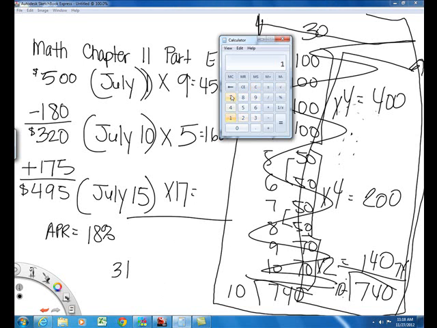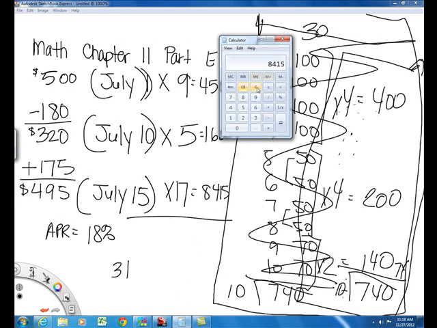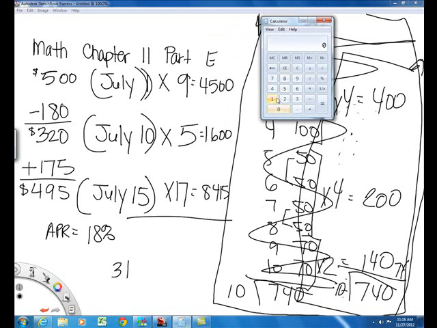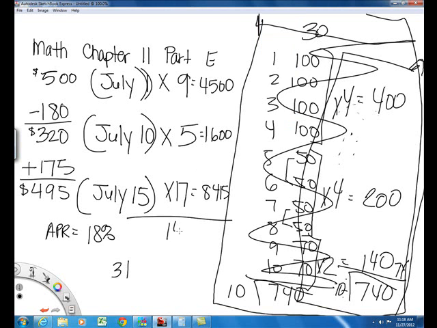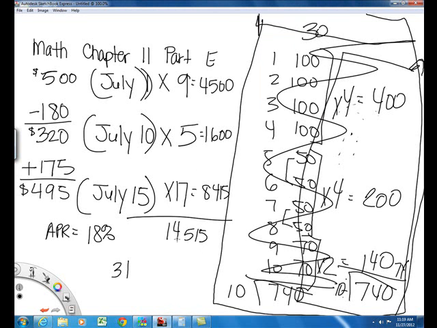And then for 17 days, I had a balance of $495, which makes that 8,415. Now I add all my days together, which makes it 4,500, 1,600, and 8,415. So that is 14,515.